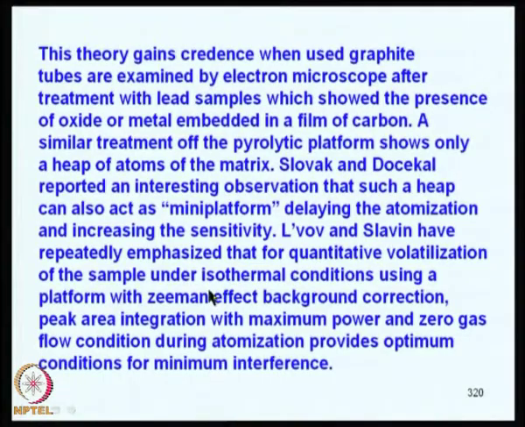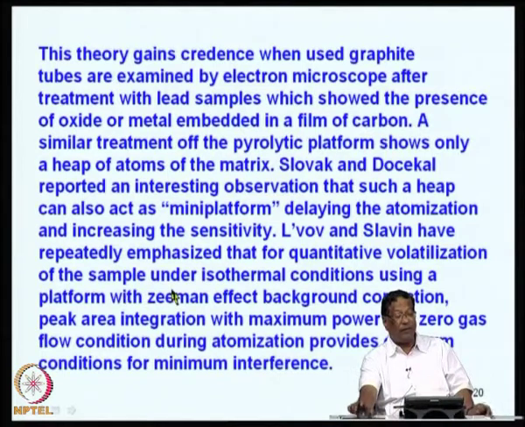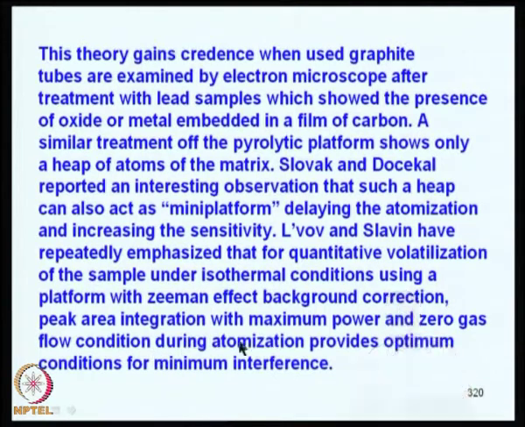repeatedly emphasized that for quantitative volatilization of the sample under isothermal conditions, use a platform with Zeeman effect background correction, peak area integration with maximum power and zero gas flow conditions during atomization.